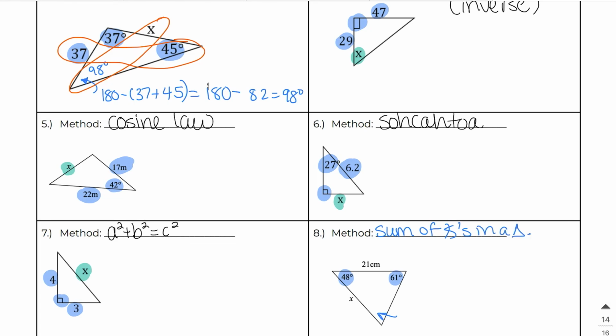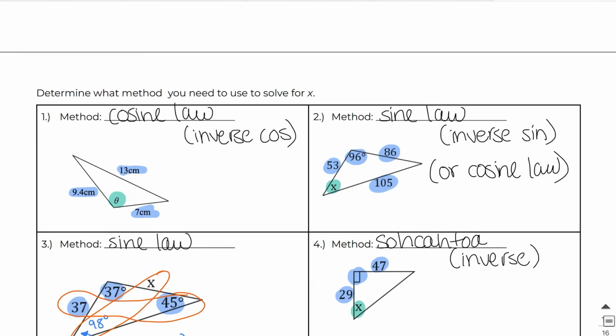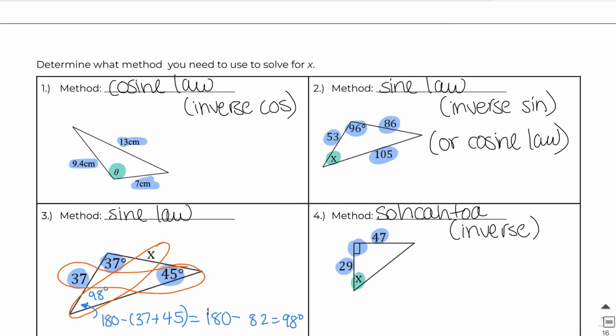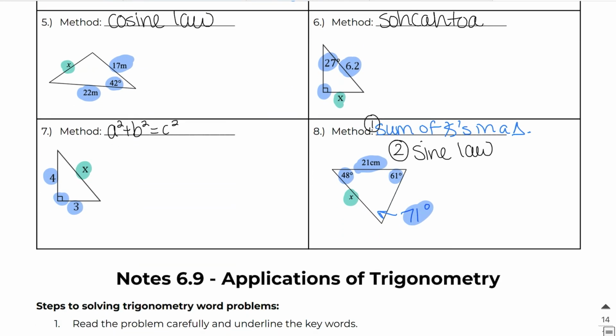Once we find out what that angle measurement is, which is 71 degrees, we now have an angle and its opposite side. We also have other angles and we're trying to find another side. So here we are going to be using sine law after we find the missing angle. If you wrote down sine law and that's it, that's totally fine because we didn't write down right here that we would be using the sum of the angles in a triangle.